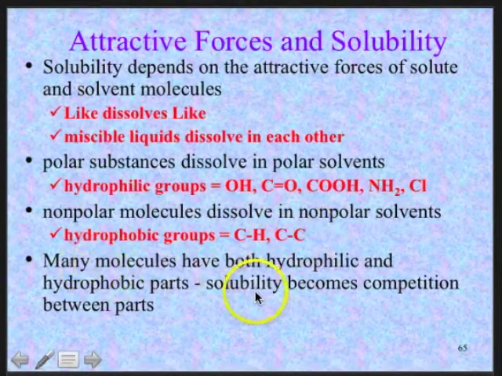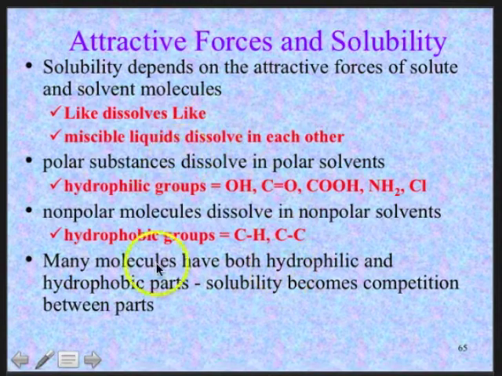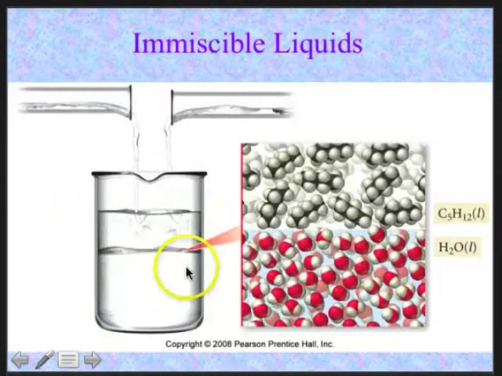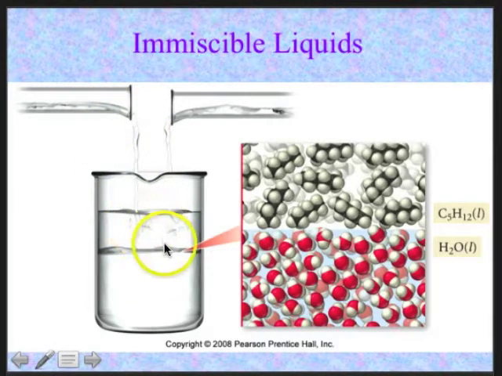And when a molecule has both hydrophilic and hydrophobic parts, the solubility becomes a competition between the parts. Here's an example. If you take water and pour on top of that the hydrocarbon pentane, you get two layers. The pentane being less dense is on top, the water being more dense is on the bottom. They do not dissolve in each other.